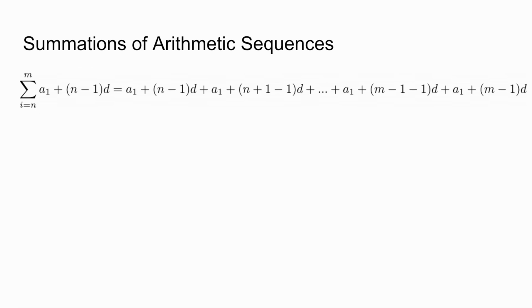So if we write down what this means, it means a1 plus (n minus 1)d, and this is the nth term, and then this is the n plus 1th term, and that keeps on going until we have the m minus 1th term, and finally the last term, which is the mth term of a.